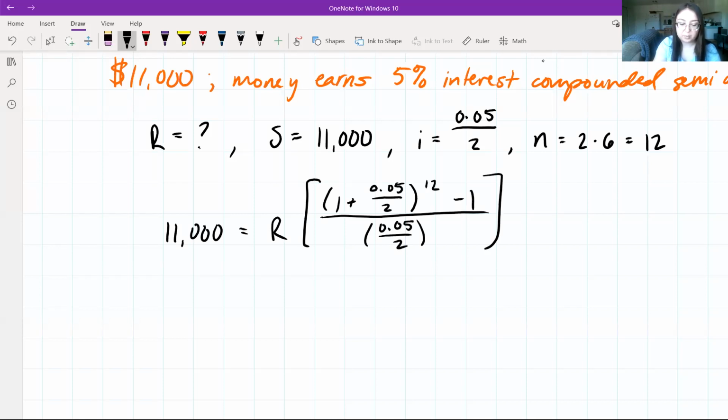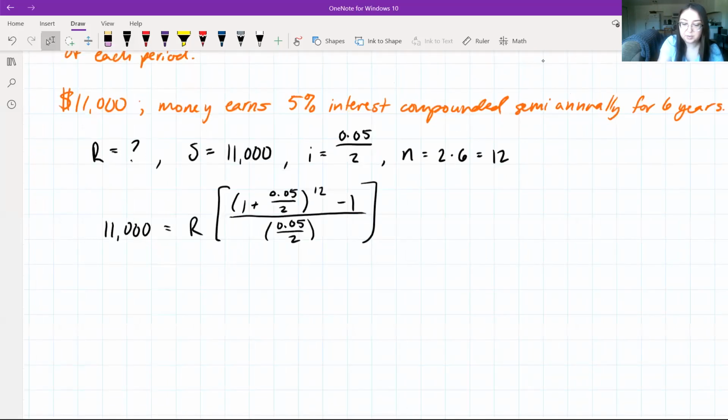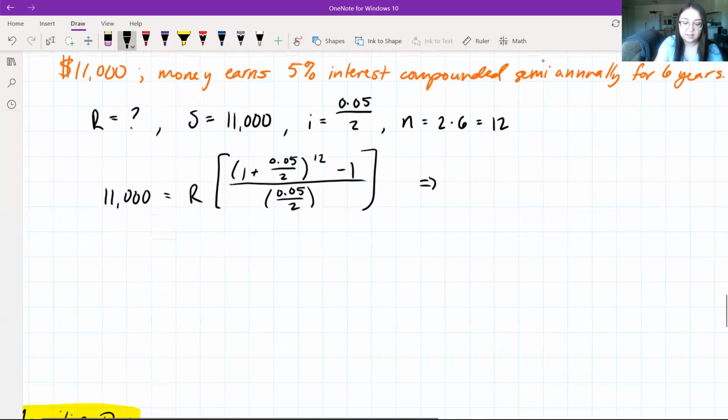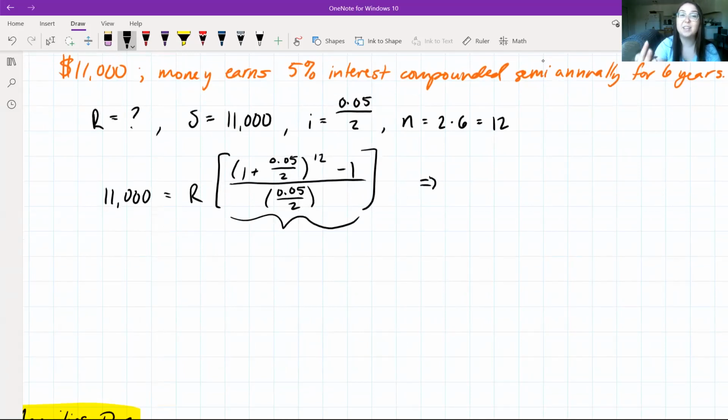So what I'm going to do is calculate everything within the brackets, and I invite you to calculate on your own.